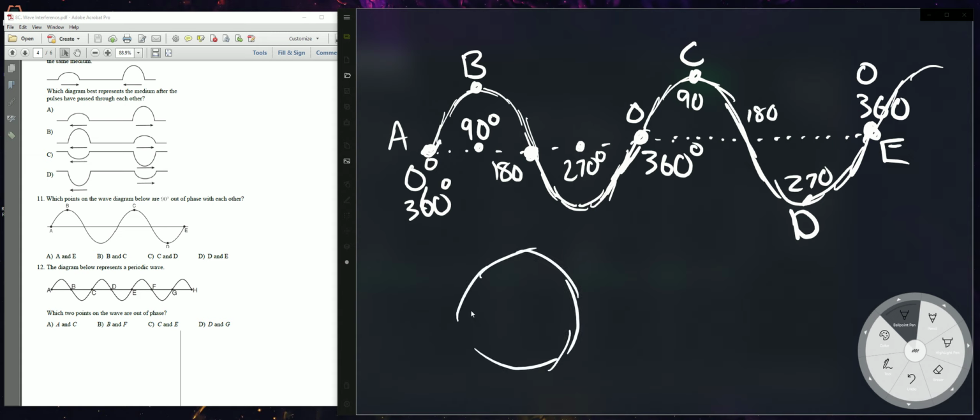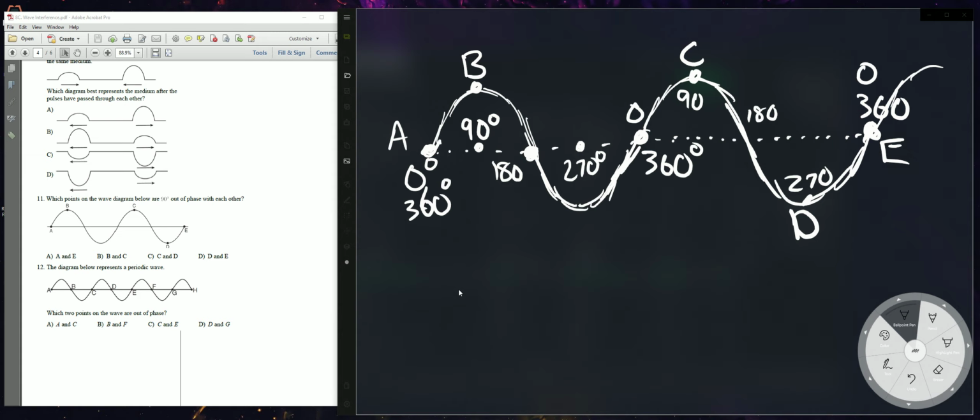If you were to go around in a circle, you started here at 0 degrees and you go around in a circle, and then you end up back at that dot, well, you're in phase with each other. So A and E are in phase. You're basically starting at the beginning there, so that's why.